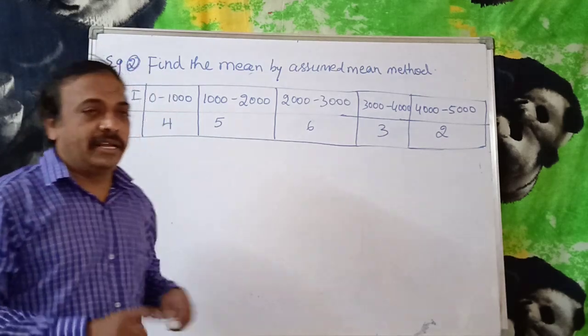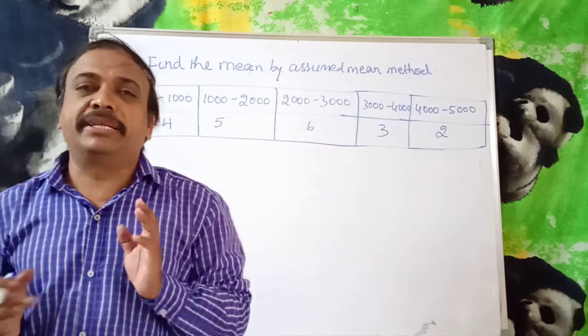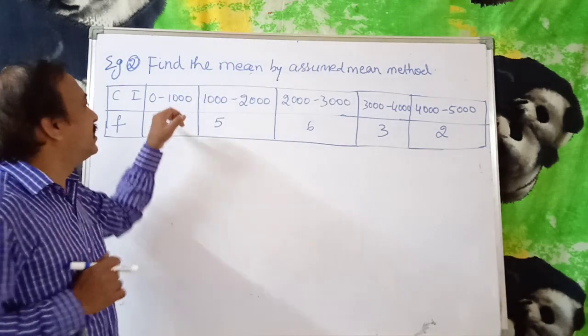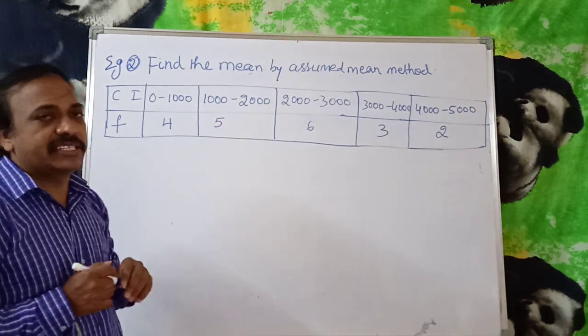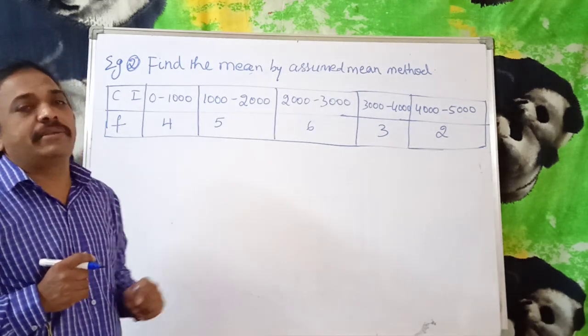Once again, I'll explain how to find the mean by the assumed mean method. These are the class intervals and these are the frequencies. A small example. Class intervals and frequencies are given. So for this data we are using the assumed mean method.